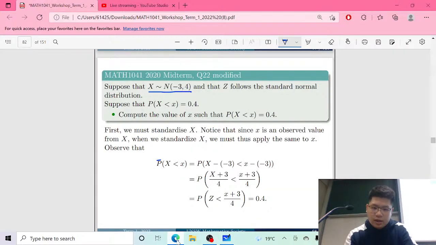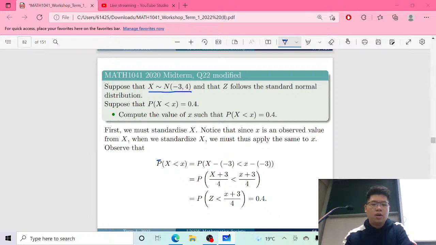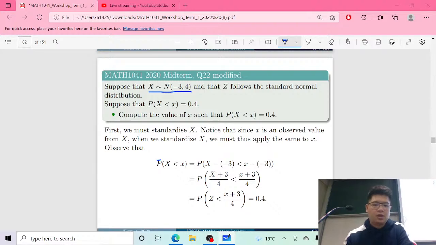We are given that X is normally distributed like this, with -3, and we want to find the probability equal to 0.4.